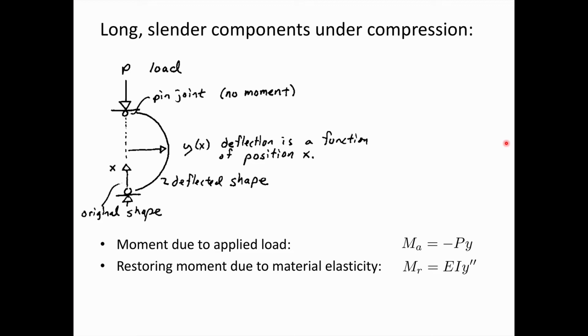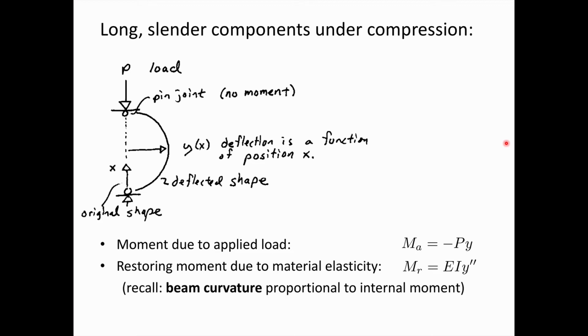And an approximation of curvature is the second derivative of y. So the restoring moment is going to be the stiffness modulus, Young's modulus of elasticity, E, times the area moment of inertia, I, times the curvature, approximated here as y double prime.